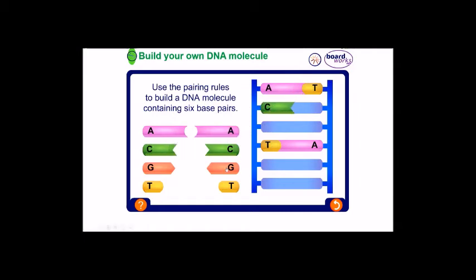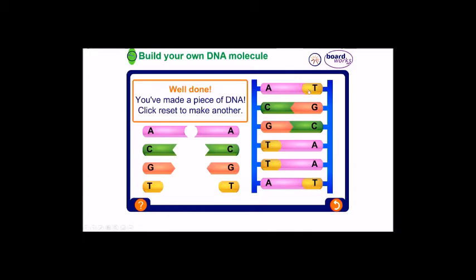Now I could build any code. So let's just make a bit of code. Let's have a C there and a G, and then I want another A. Let's go AT.